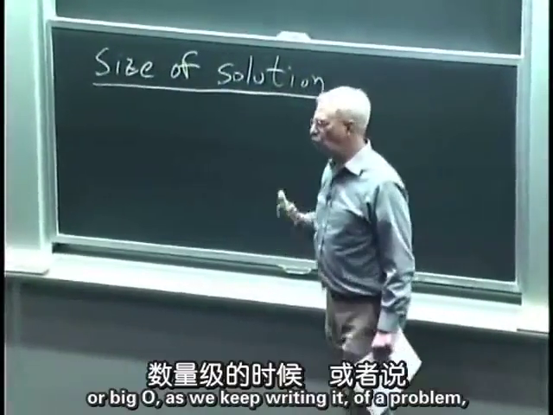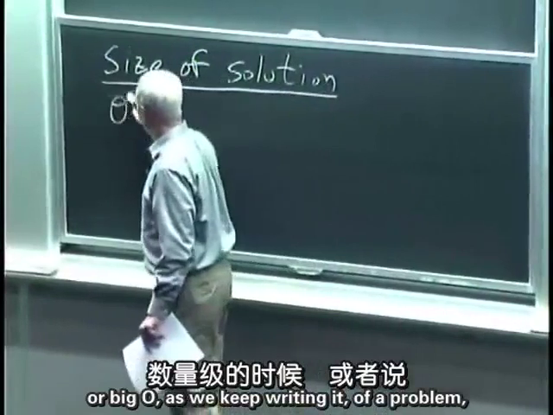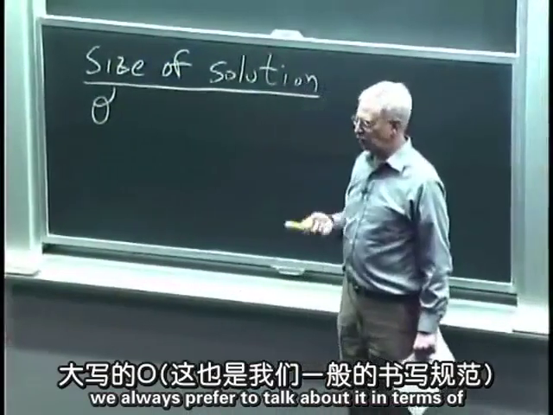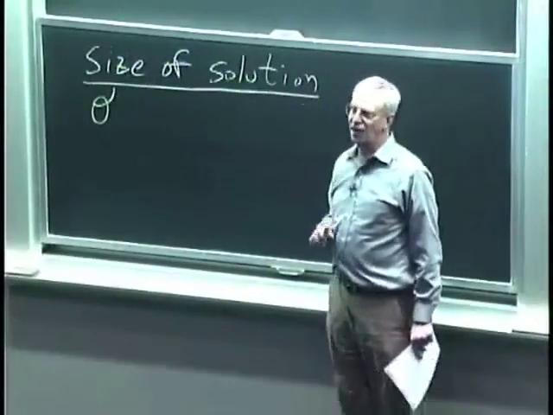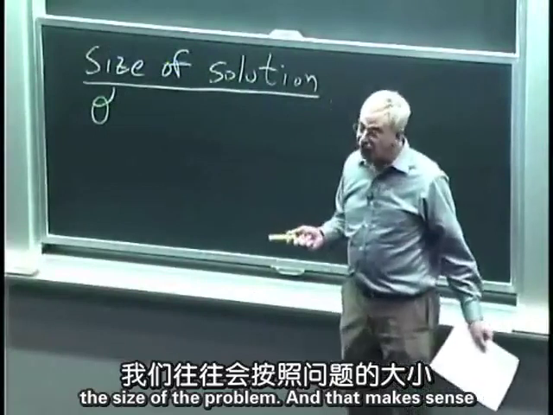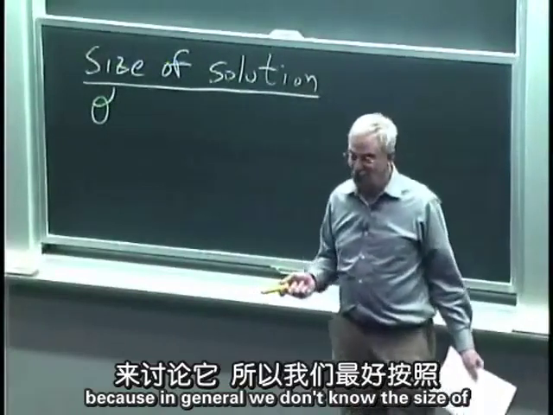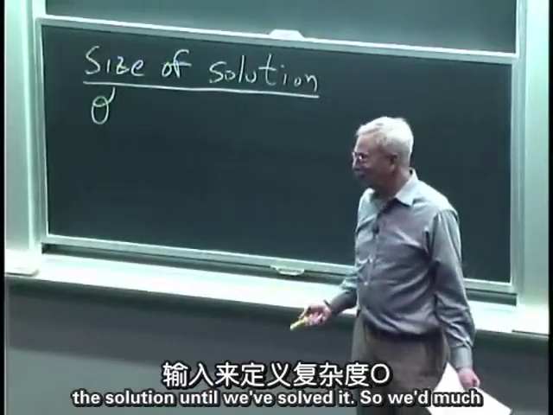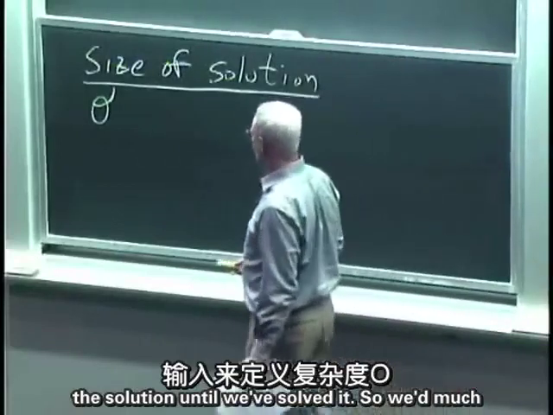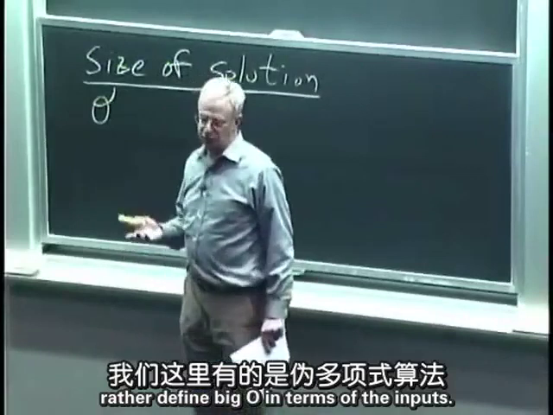When we talk about the order, or big O as we keep writing it, of a problem, we always prefer to talk about it in terms of the size of the problem. And that makes sense because, in general, we don't know the size of the solution until we've solved it. So we'd much rather define big O in terms of the inputs.